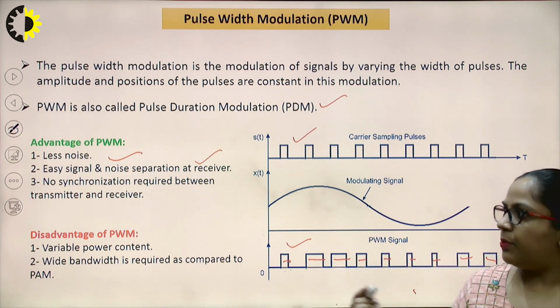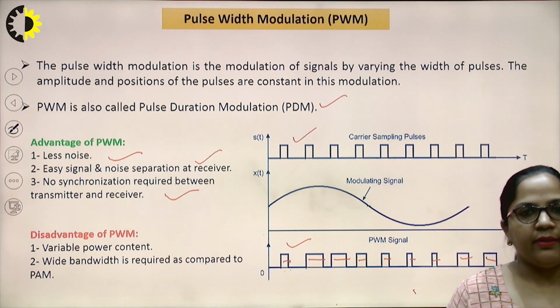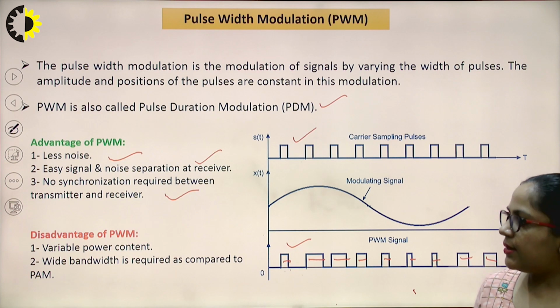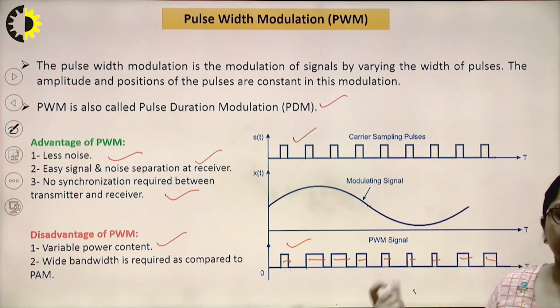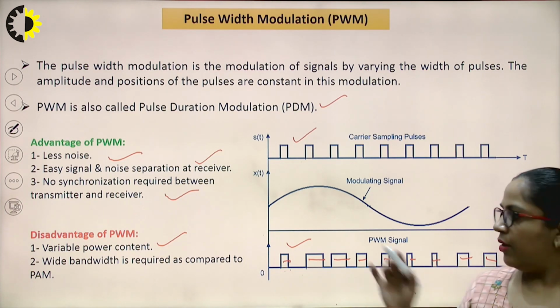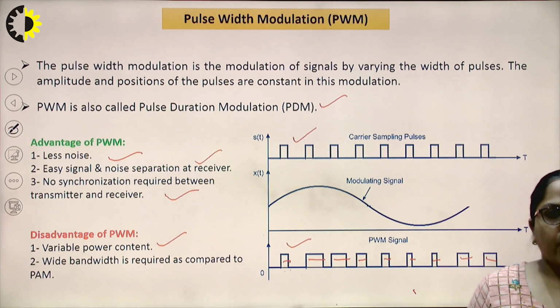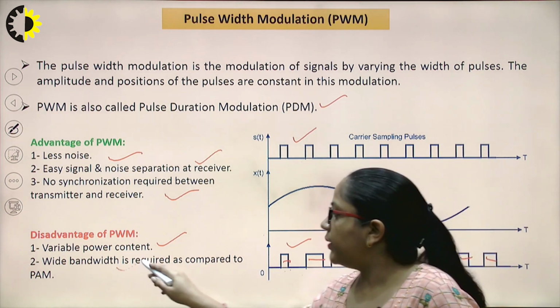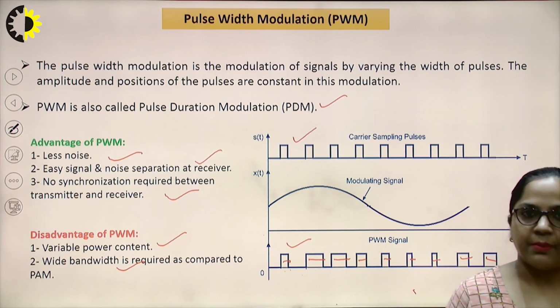In case of PWM, we do not require any synchronization between the transmitter and the receiver. The disadvantages are that because the width of the pulses is varying, variable power content is required for the transmission of this PWM signal. Also, we require more bandwidth to transmit the PWM signal as compared to the PAM signal.